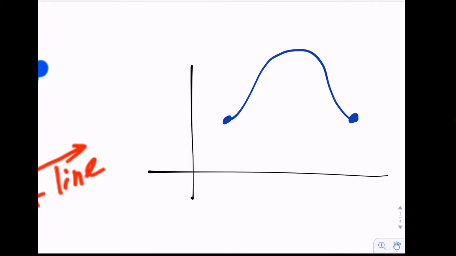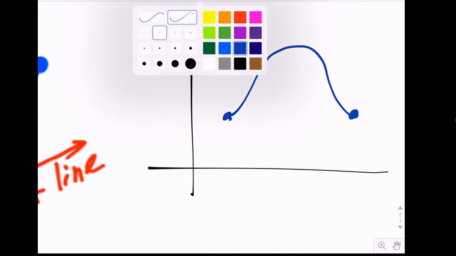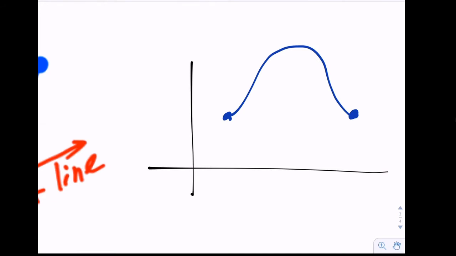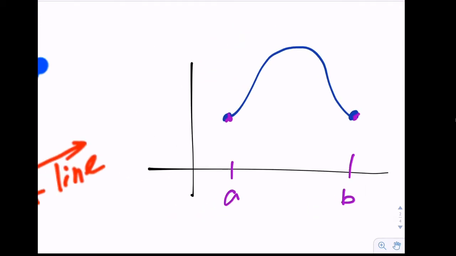What's that? Yeah, the mean value theorem works in Rolle's case. In fact, Rolle's theorem becomes a special case of the mean value theorem, right? Okay, because if this is A and this is B, then by the mean value theorem, there has to be an x value where the slope of the secant line equals the slope of the tangent line. Let's go ahead and draw the slope of the secant line.